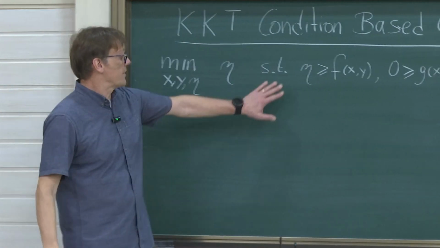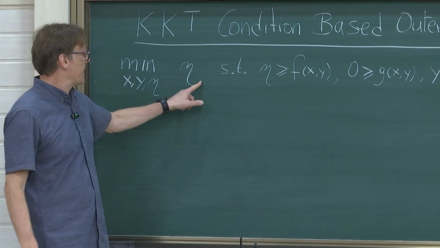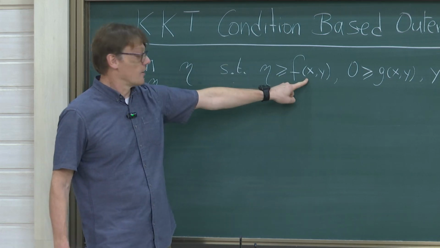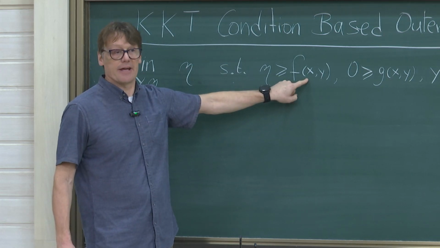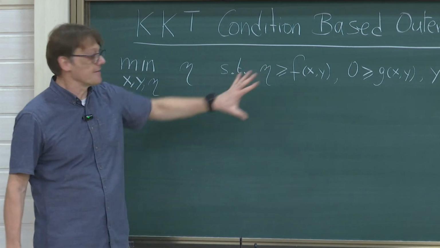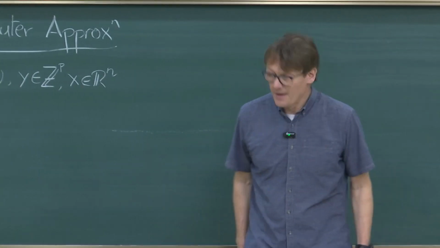If you recall, because I'm minimizing, I will always push eta towards its lower bound, which is f of x, so I can just pull this objective back up here if I want to. But writing it in this way turns out to be convenient for what we're going to do.